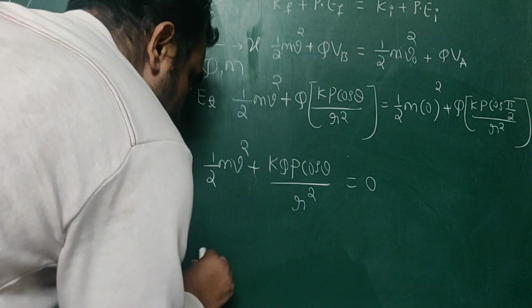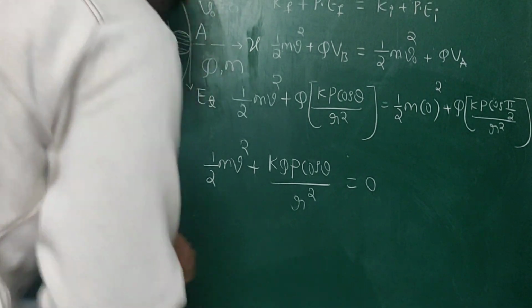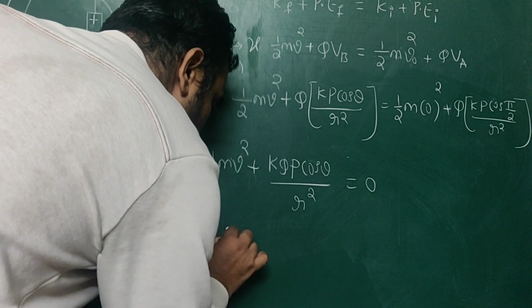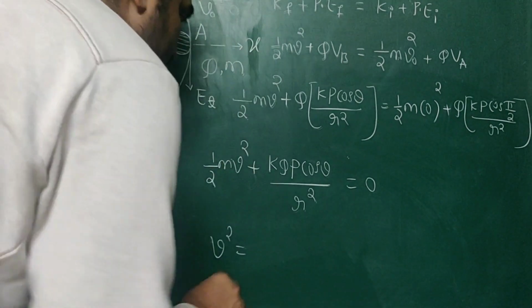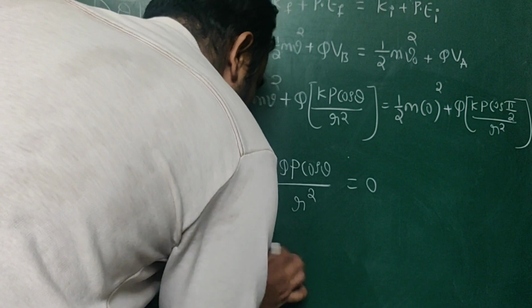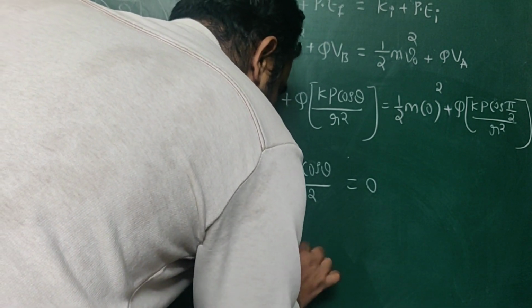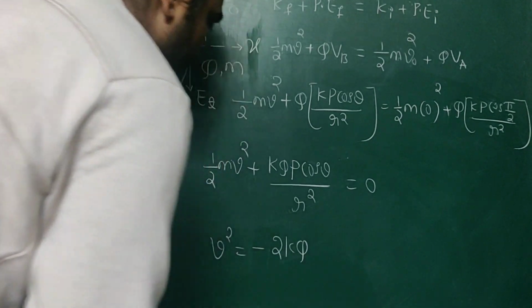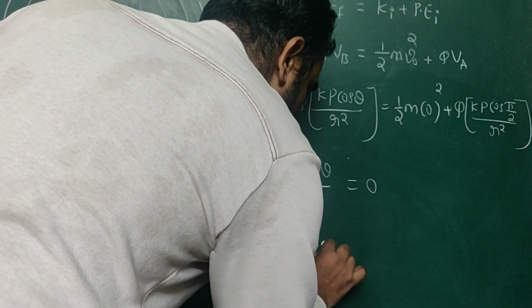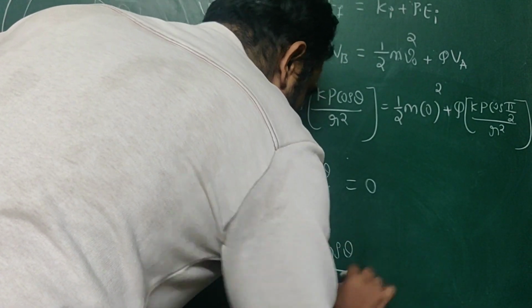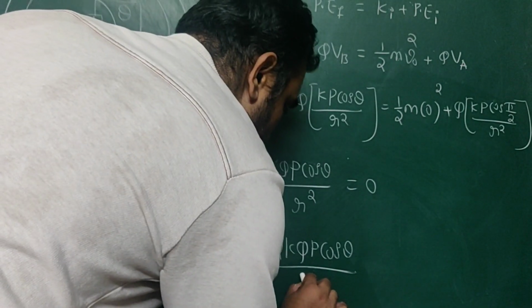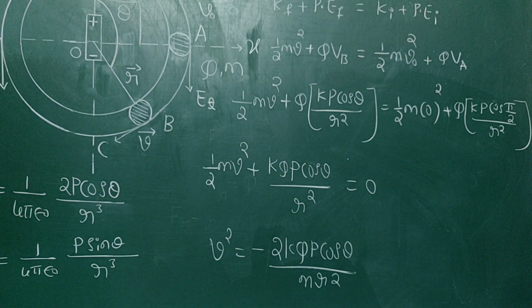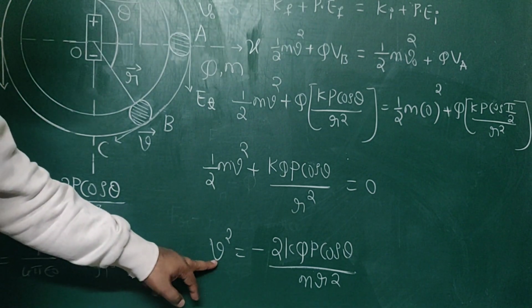If you solve this equation, then what are we going to get? V square equals minus 2kqp cos theta upon m r square. Now we got the expression for V square. Now let us solve for V.